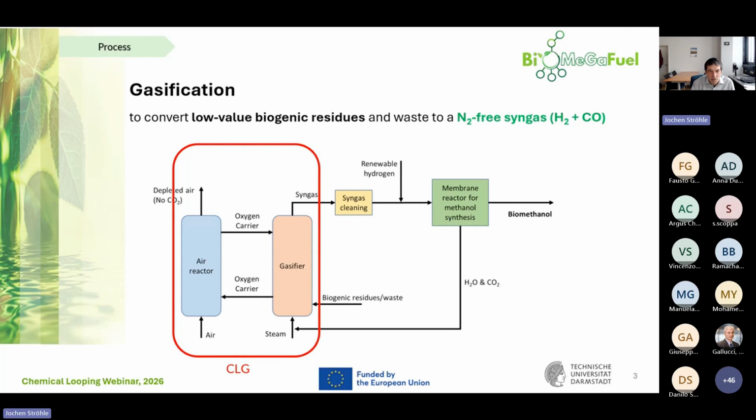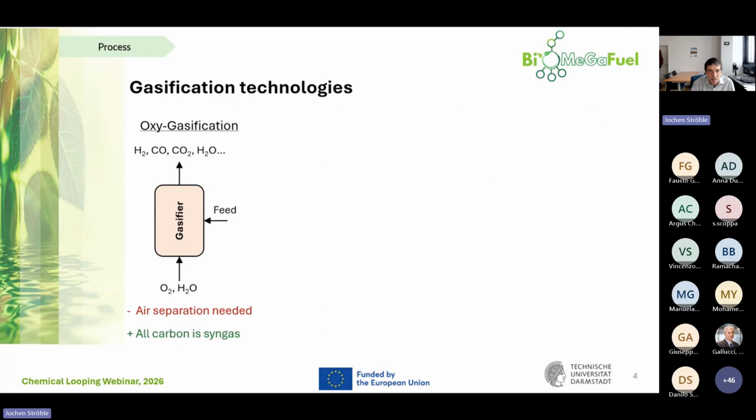Before I go into the details, I will explain some of the existing gasification technology. Let's say the most proven conventional gasification technology is oxy gasification, which means that the feedstock reacts with a mixture of oxygen and water vapor to produce also nitrogen-free syngas.